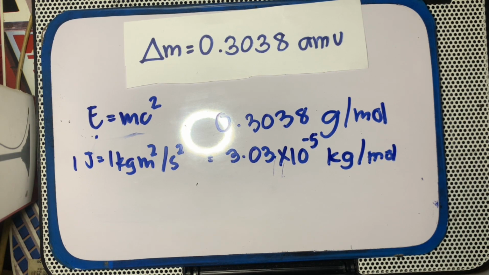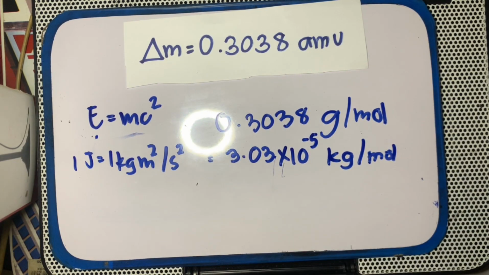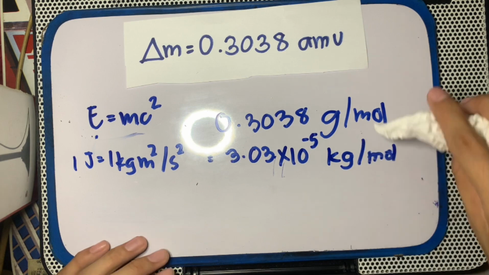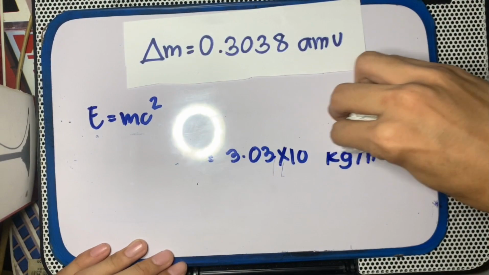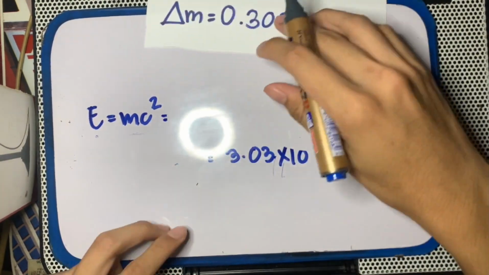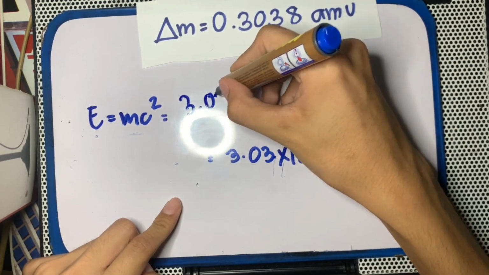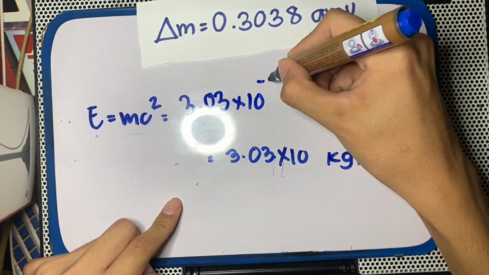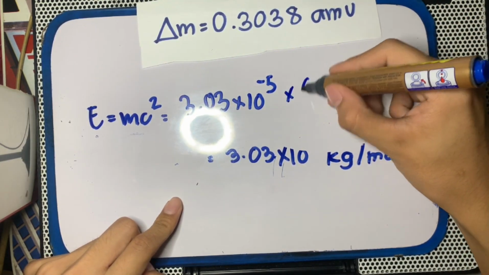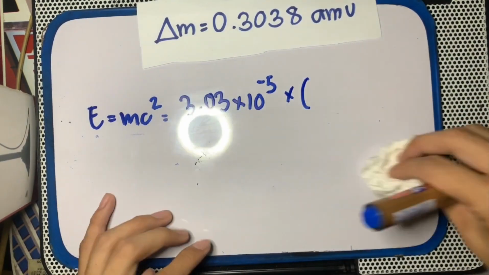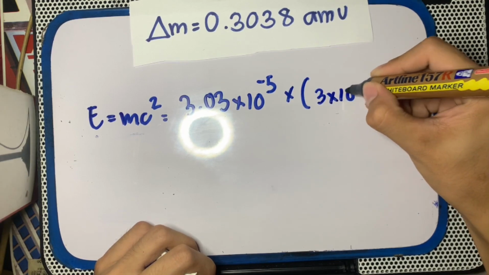Next, let's substitute na this value to our mass energy equivalence equation. So yung ating mass is 3.03 times 10 raised to negative 5, times sa ating speed of light, which is 3 times 10 raised to 8.